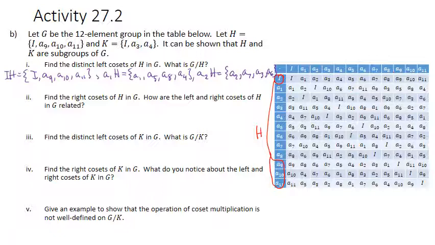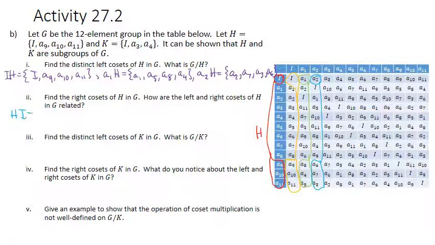So for my cosets, my right cosets, let's see. So this will be one of them here. And then another one of them would be here. And then another one of them would be here. And so on and so forth. I think that actually covers all 3 of them, the ones that I just circled.